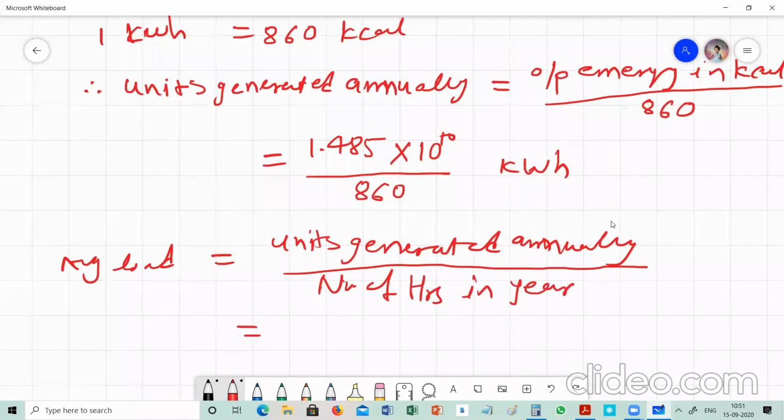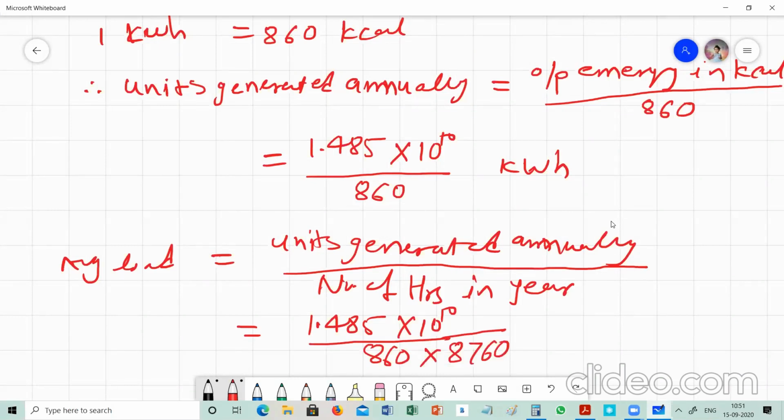Units generated are 1.485 into 10 raised to 10 divided by 860, and the number of hours in a year is 8760. This is the average load on the thermal power plant.